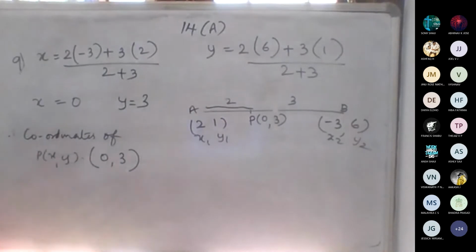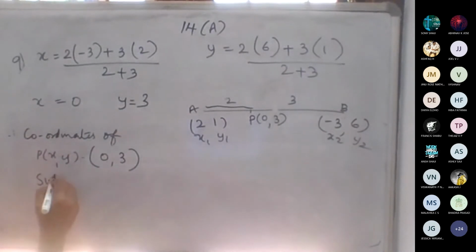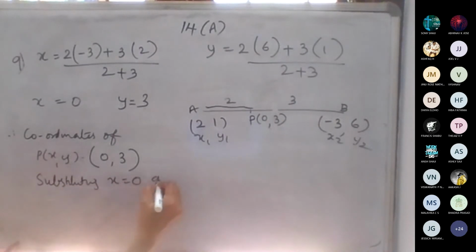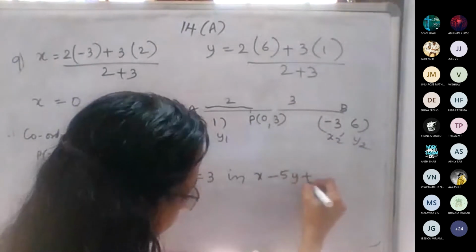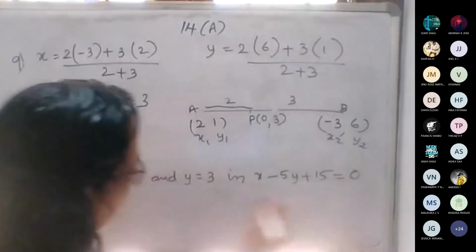So for that, what we have to do? Substituting x is equal to 0 and y is equal to 3 in the equation. Given equation is x minus 5y plus 15 is equal to 0.